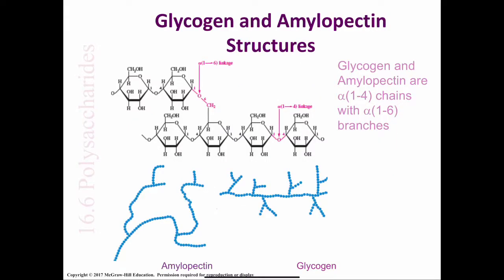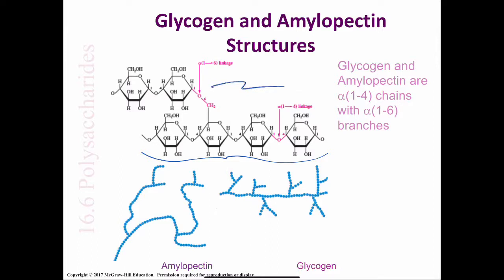So this slide just has a little comparison of the structures of glycogen and amylopectin. You'll remember that amylopectin and glycogen are quite similar in their structure, and that they both have chains of alpha 1,4 linked D-glucose molecules, like this. And they both have the alpha 1,6 branches coming off like this.